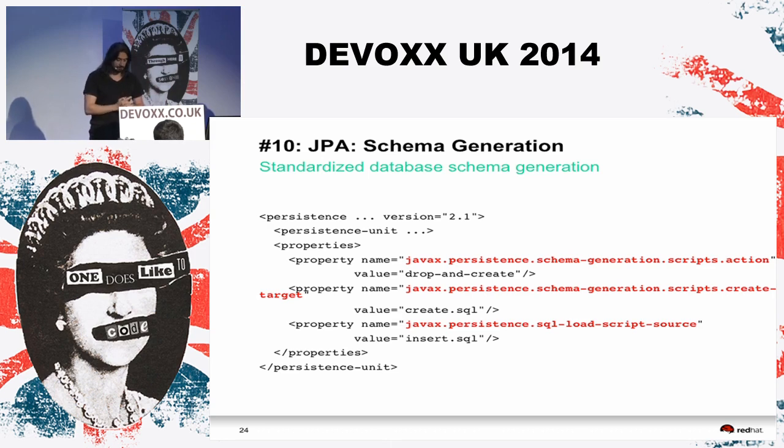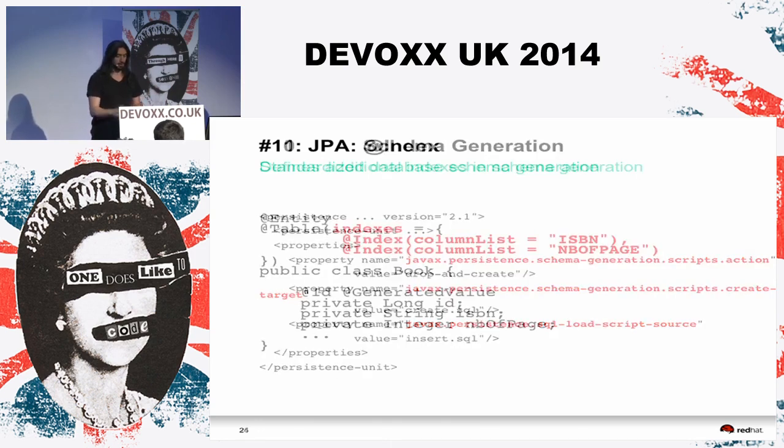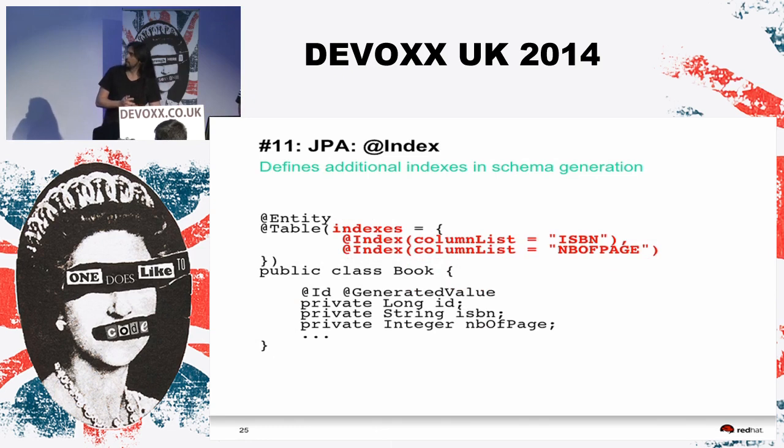So that's nice. If we can generate our schemas, let's go a little bit further. Something that our DBAs will love is that within our code, we can create indexes. We can say, in the book entity, I want to create an index on the ISBN number and the number of pages.